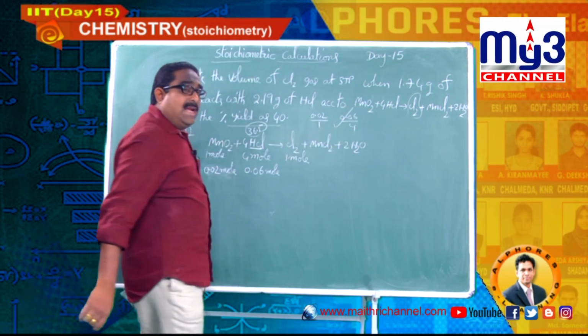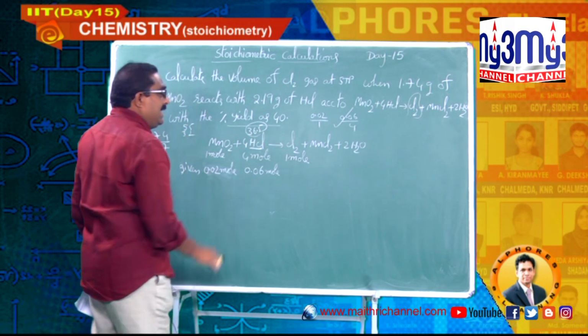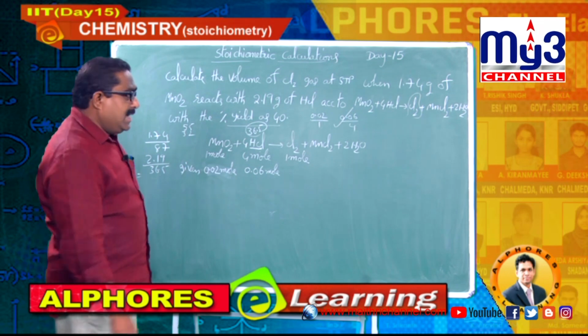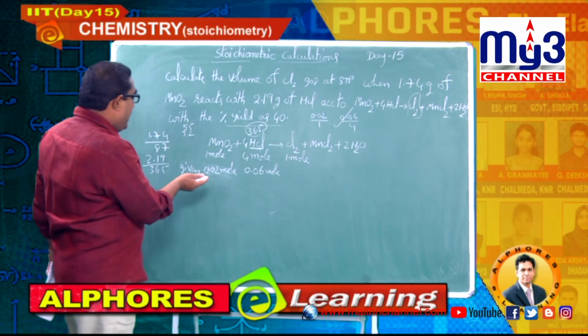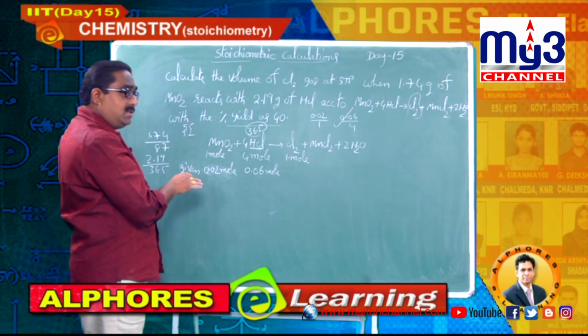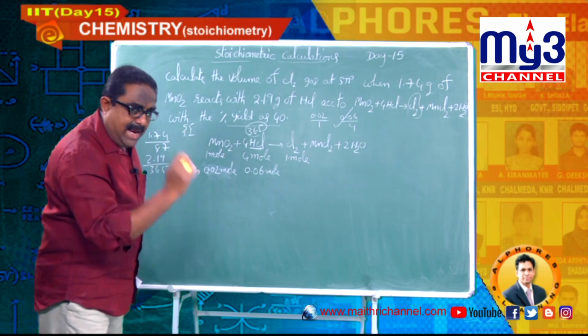So you will get least moles for second one. So HCl is the limiting reagent here, because we got the least number of moles by dividing given moles by stoichiometric moles. Okay. Now I am going to select this as limiting reagent.